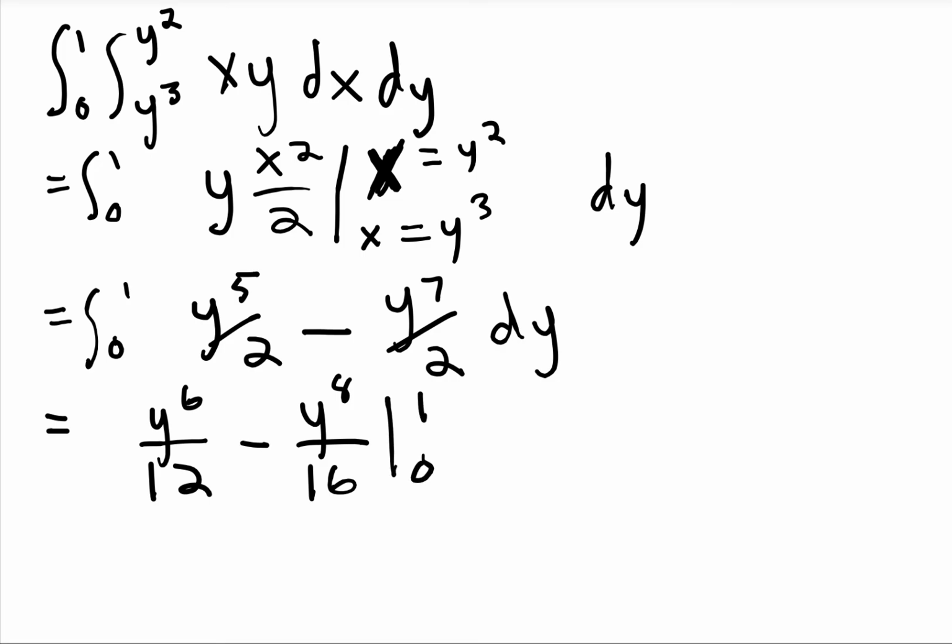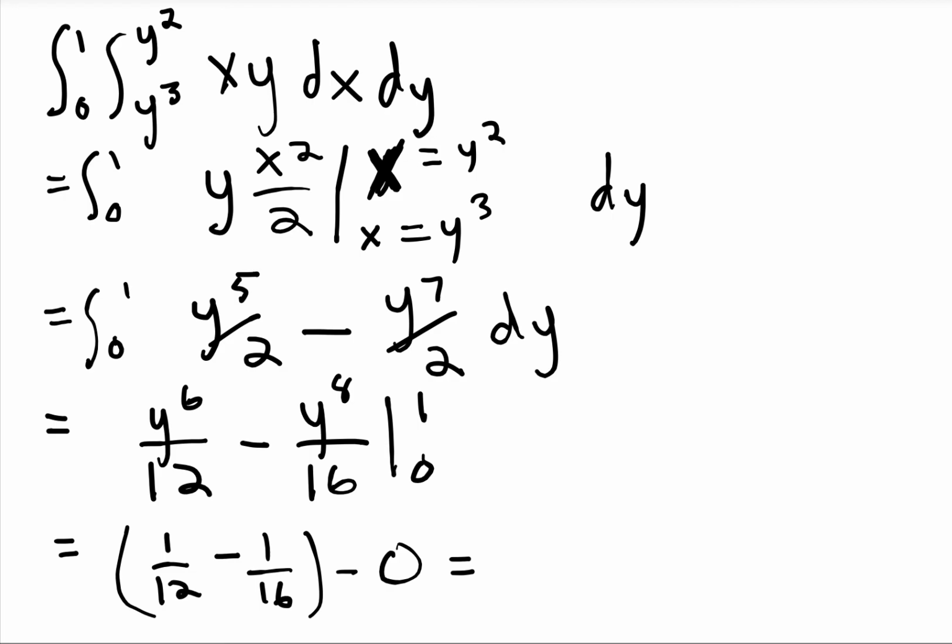This is evaluated between 0 and 1, which should be pretty easy to substitute in. Basically looks like 1/12 minus 1/16 minus what happens when I plug in 0, which is not a lot. And then from here on out, pretty much the only thing that you would really need to bother doing is figure out some sort of common denominator that will help you combine these things together, right?